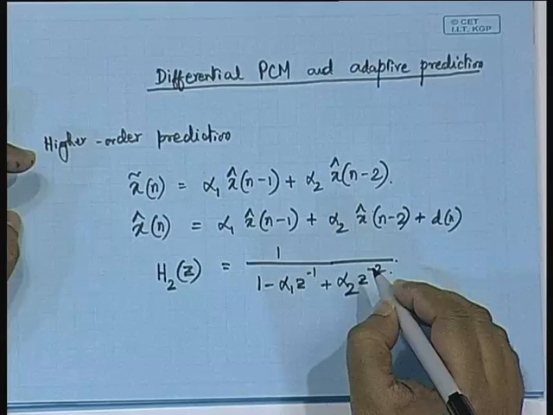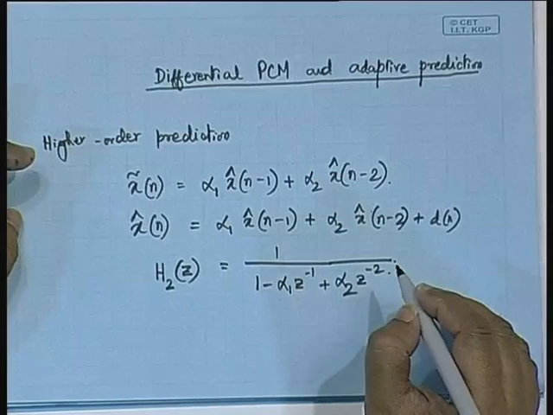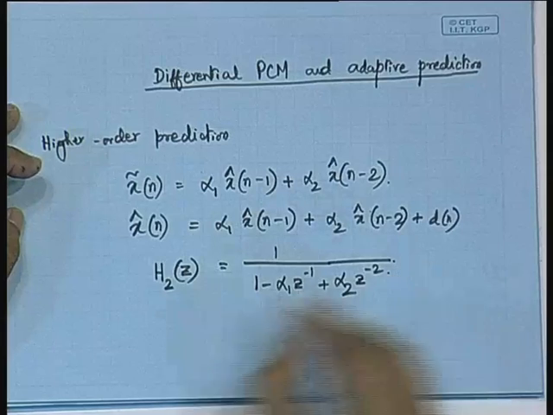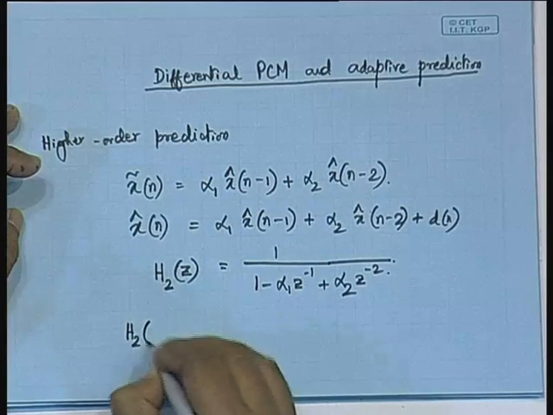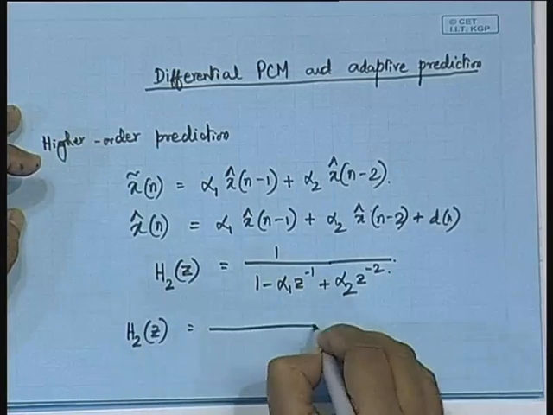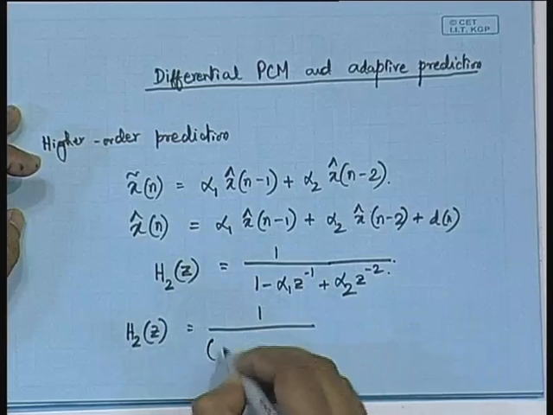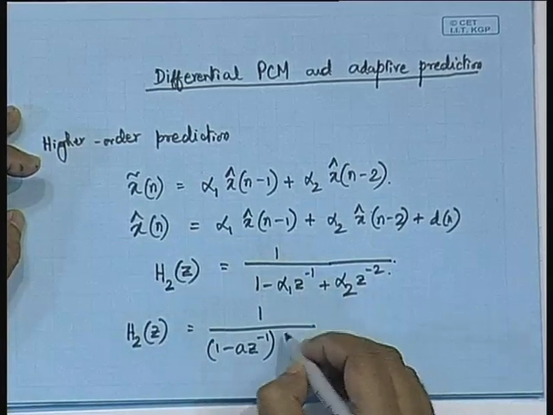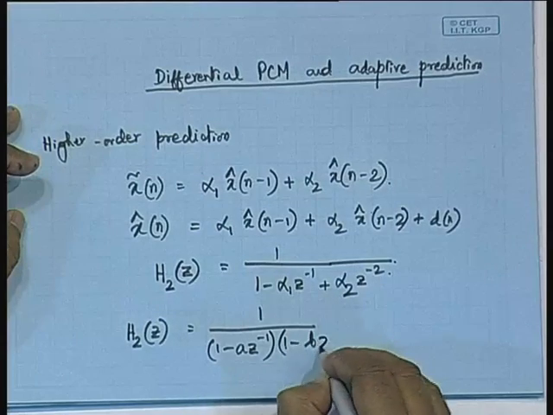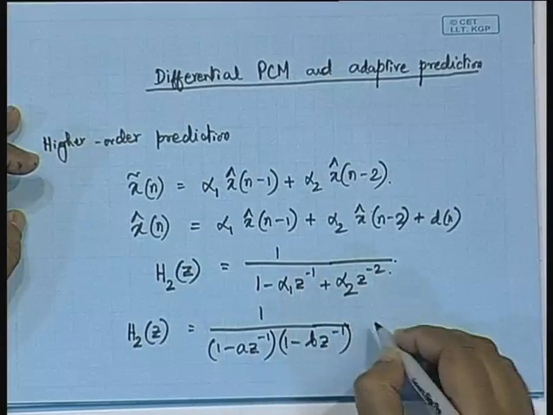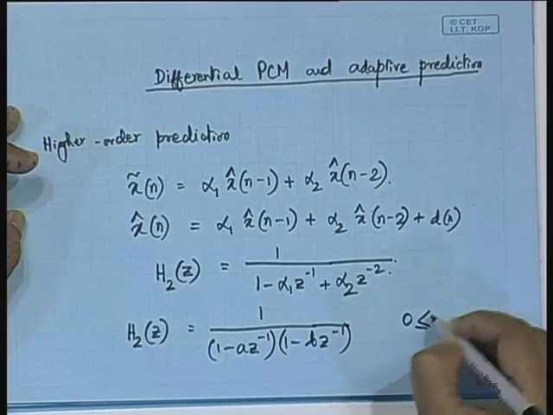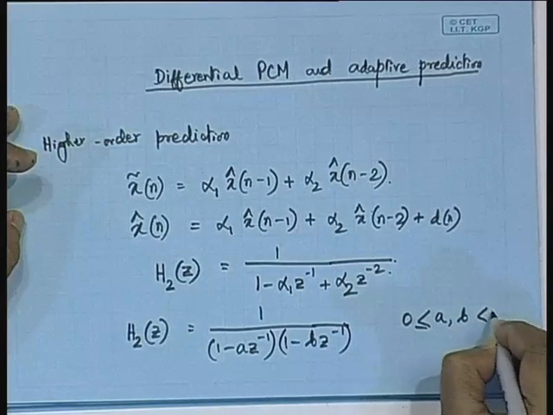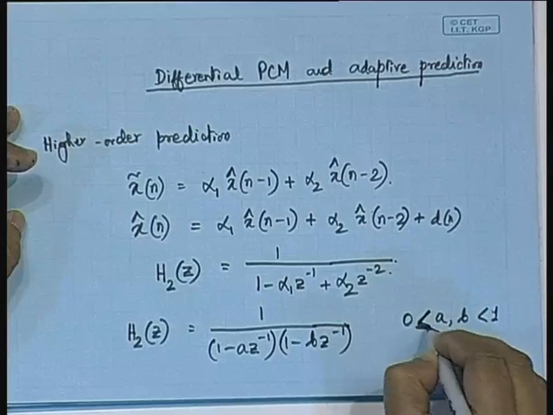And in fact, it should be possible for us to write down this h2 of z in this form: the second order predictor can be expressed as 1 upon 1 minus a z to the power minus 1 into 1 minus b z to the power minus 1, where a and b are varying between 0 and 1.